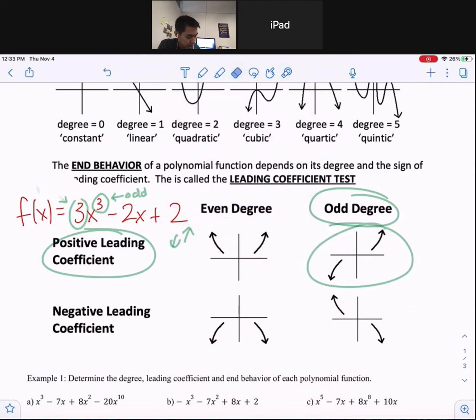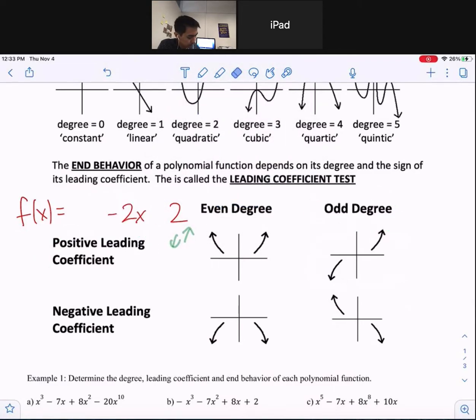Let's take a look at another example. What if you guys had this one? Right? What is the highest degree? The highest degree is 2, and the leading coefficient is -4.